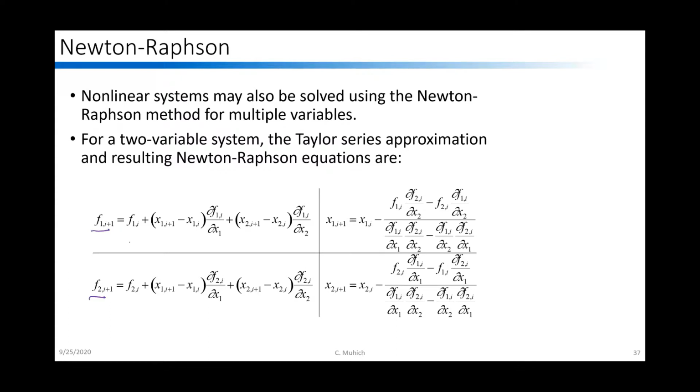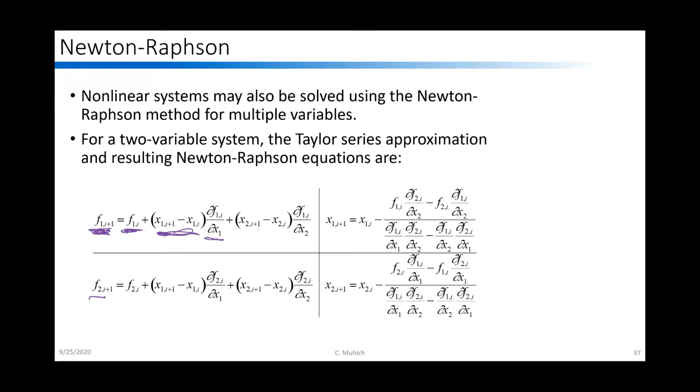So if you recall, we can say that an estimate for any movement off of a point is the value at that point xi that we were at plus the difference in my x values, x1 at i plus 1 minus x1 at i, times the derivative of my function with respect to x1.